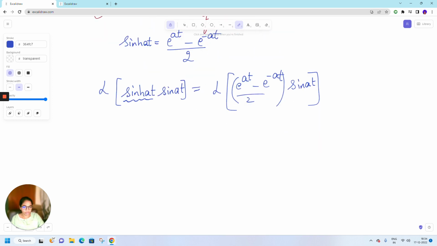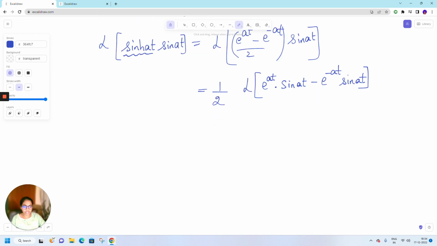Now this denominator 2 is a constant. So I'll write it as half Laplace of, let me multiply this binomial, that is e power at minus e power minus at, with a monomial, that is sine at. So that would be e power at into sine at minus e power minus at into sine at.